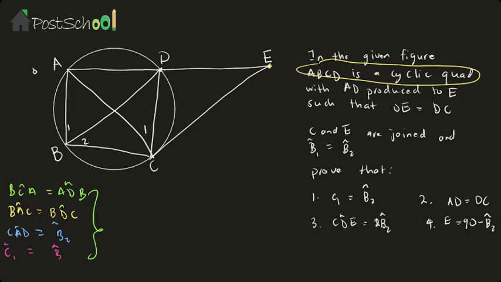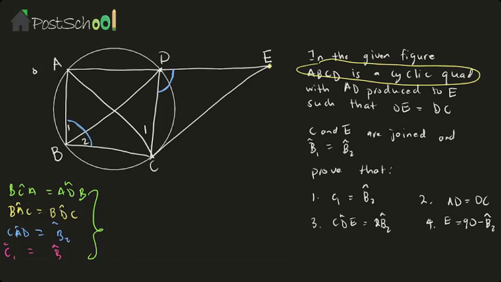From the fact that ABCD is a cyclic quad, one of the theorems says this exterior angle of a cyclic quad is going to be equal to the opposite interior angle.